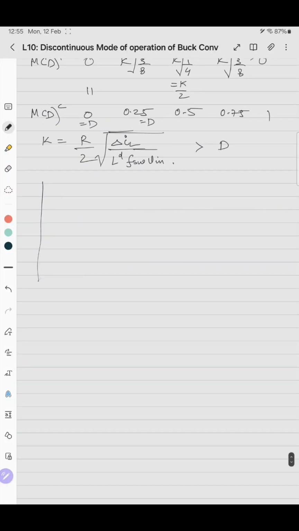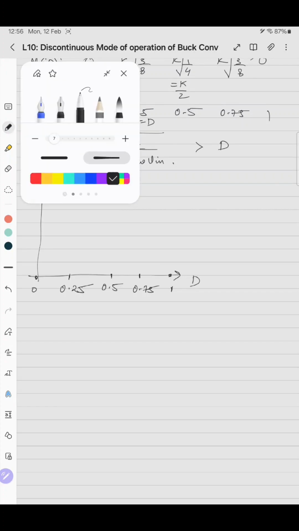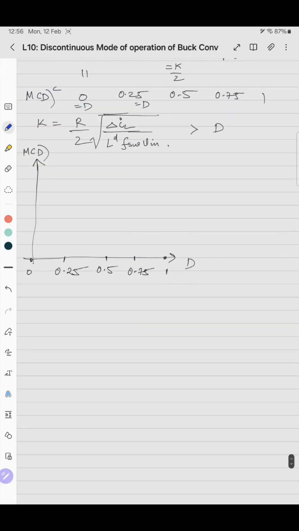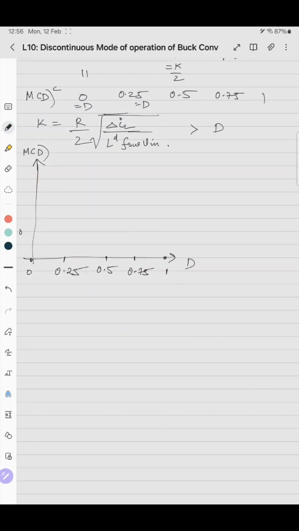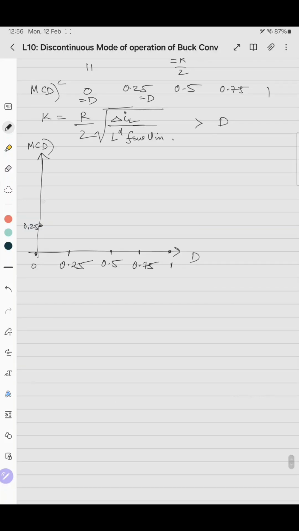If you plot like this, this is D and this is M of D, with 0, 0.25, 0.5, 0.75, 1.